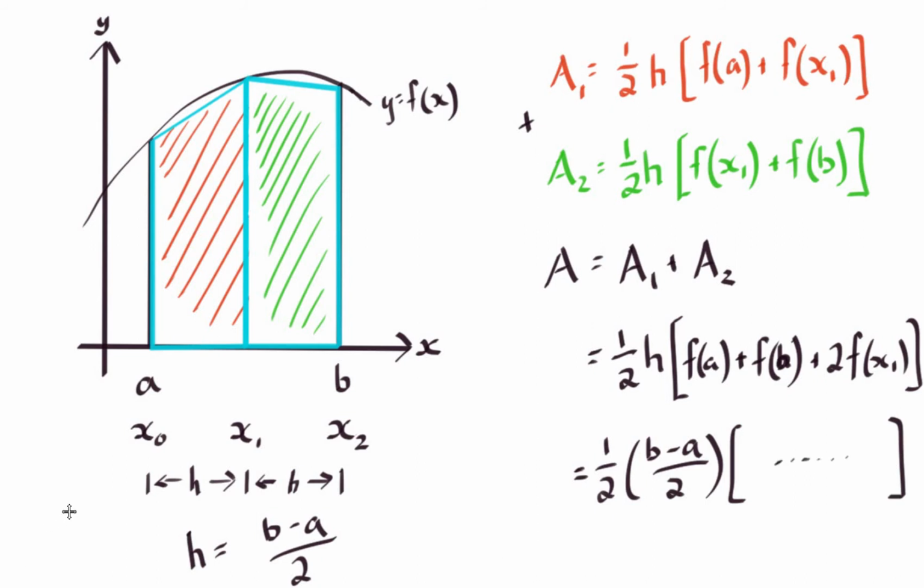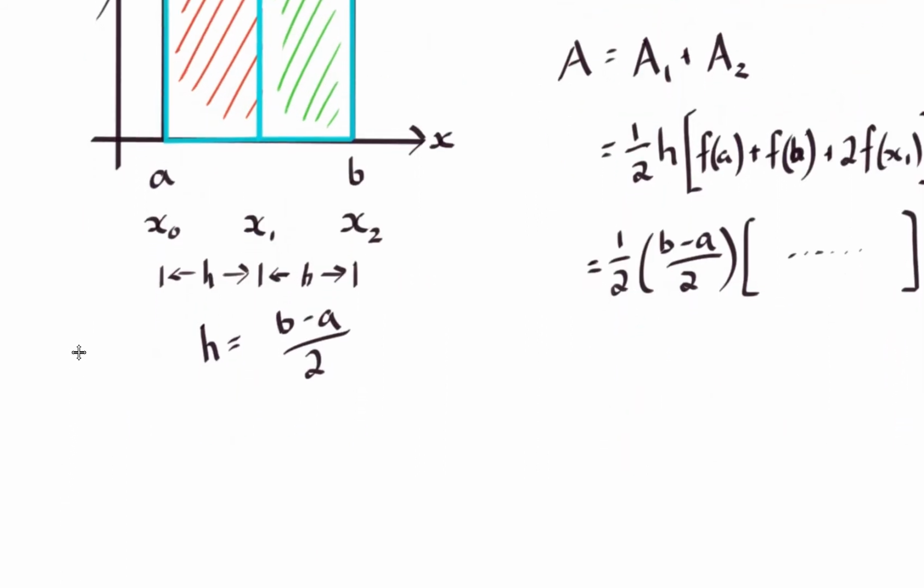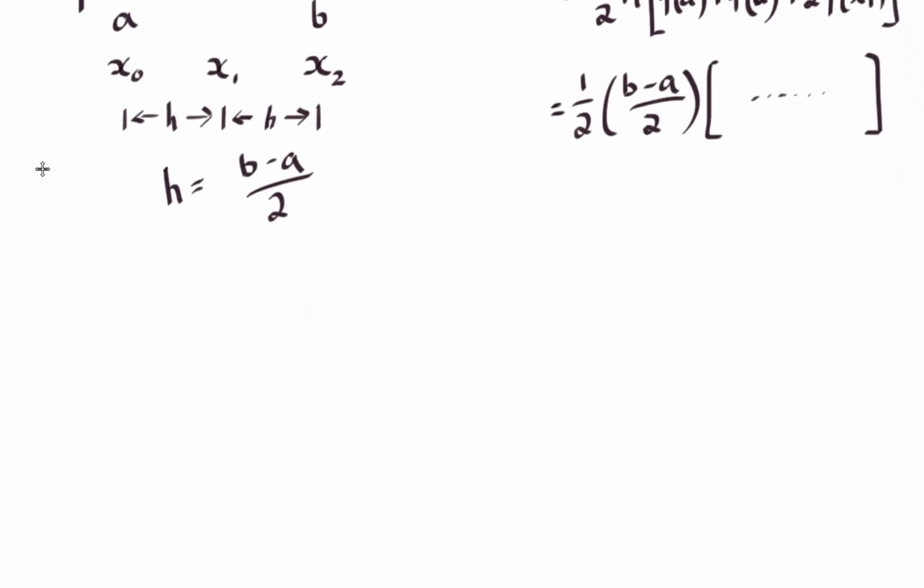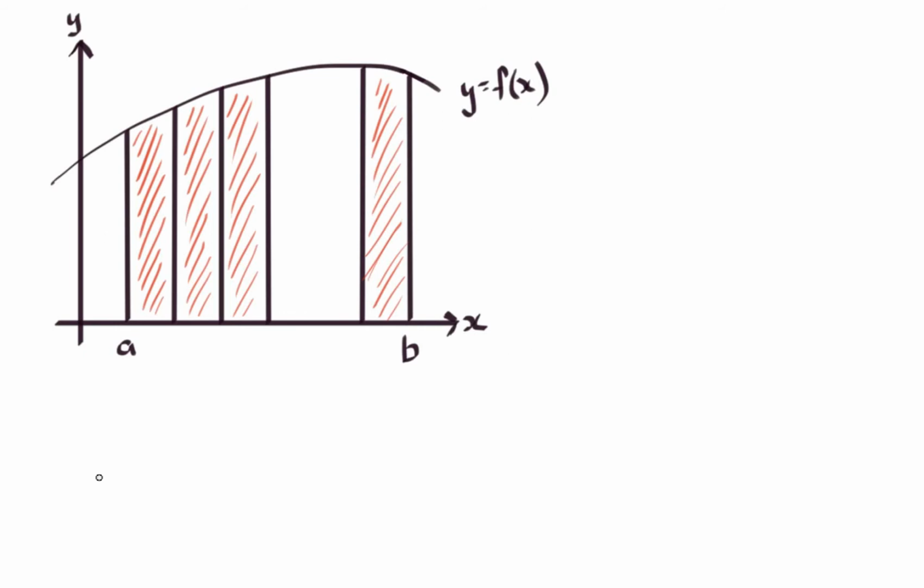So let's write this out properly for that more general case where we have n subintervals. So we start at a, or we might call this x0, and then our next x value is x1, then x2, then x3, and so on.